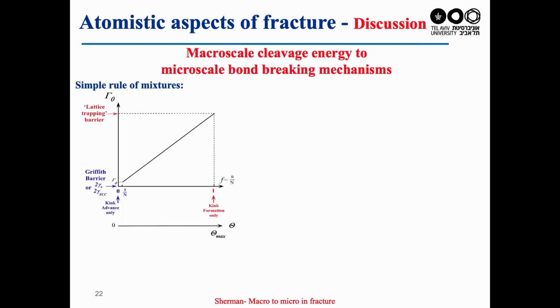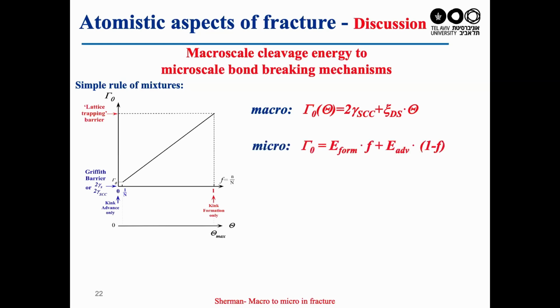We actually evaluated G naught by a simple rule of mixtures. From the macro scale, gamma naught equals gamma stress corrosion plus CDS. In micro, E formation times F plus E advance times 1 minus F. I'm not saying that this is very accurate, but this is only a way to show that it is possible.